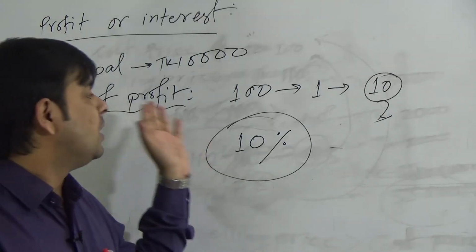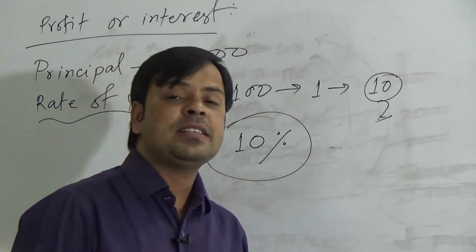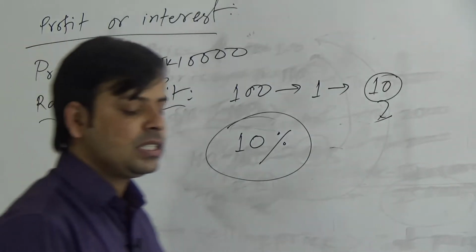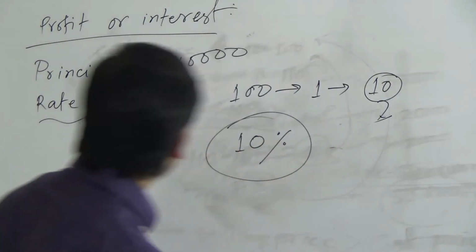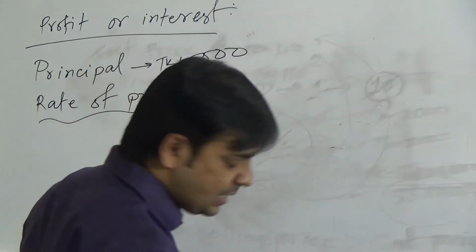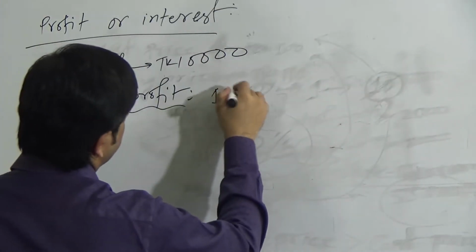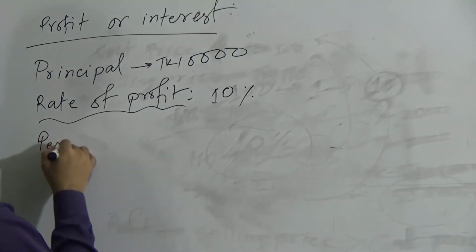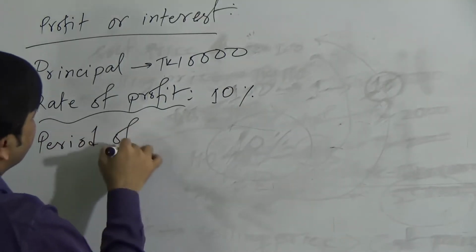Okay. Now the next term is period of time. So we can write here, suppose rate of profit is 10%. Then period of time.